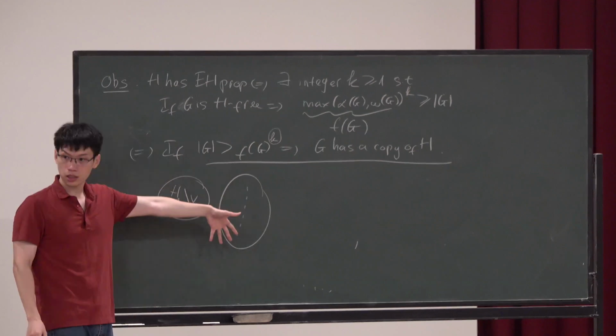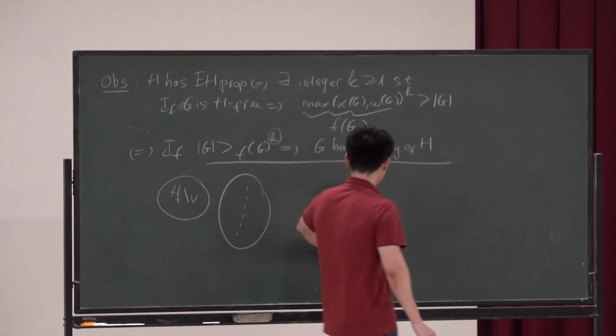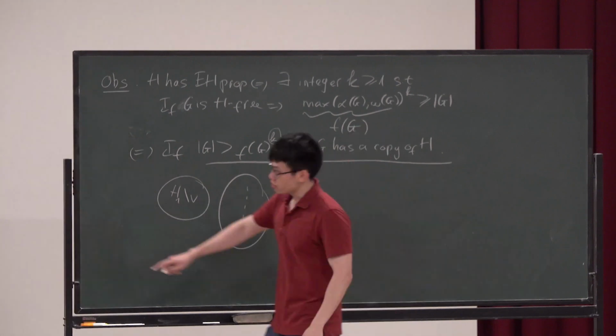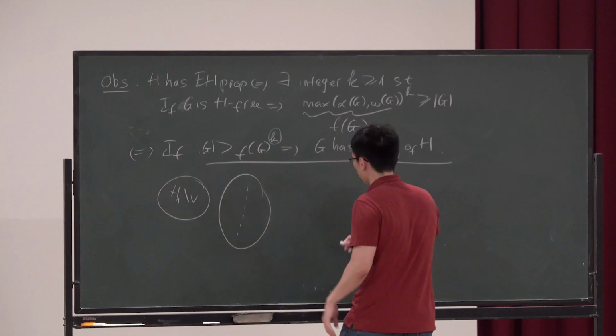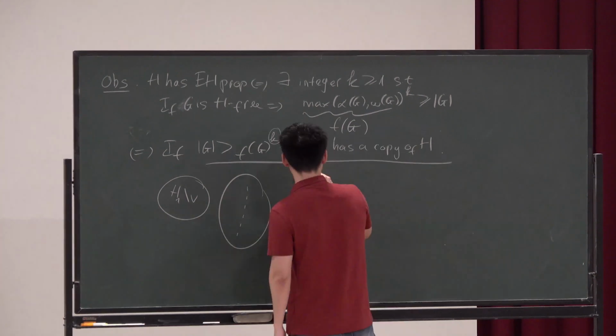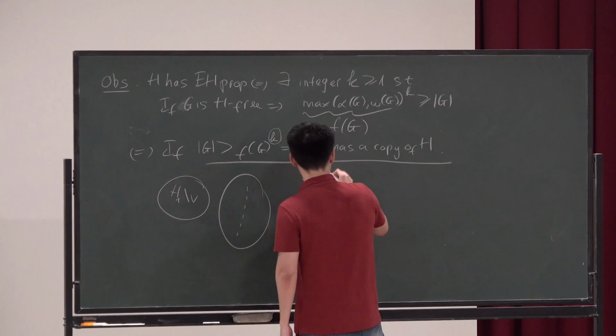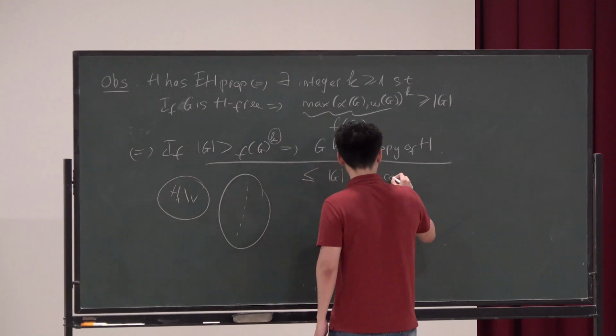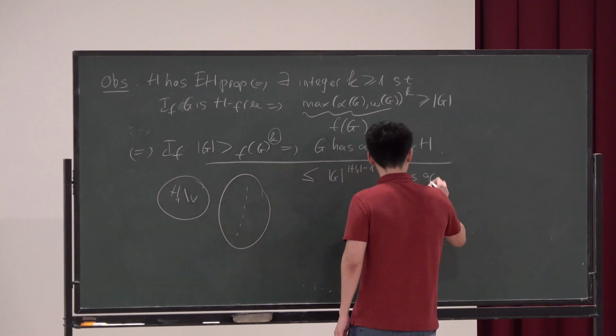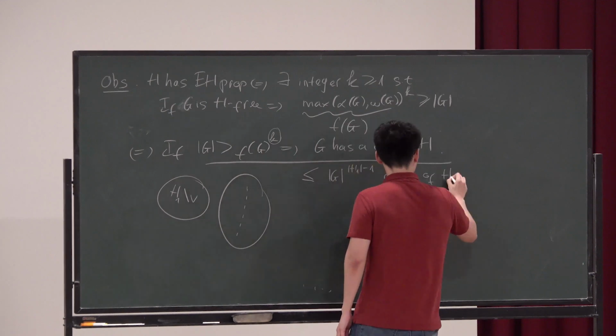And in order to do so, I will use this inequality together with the fact, which is trivial, that there are at most |G| raised to the power of |H1| minus 1 copies of H1 minus V in G, right?